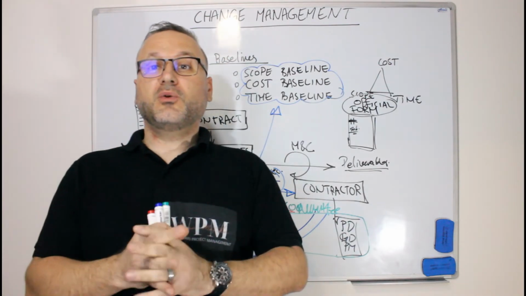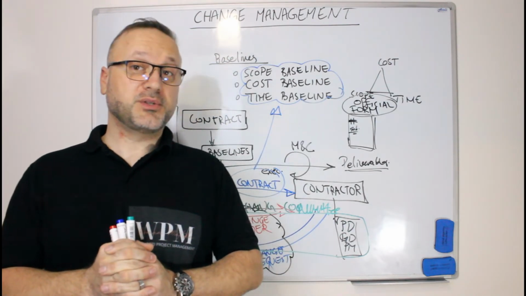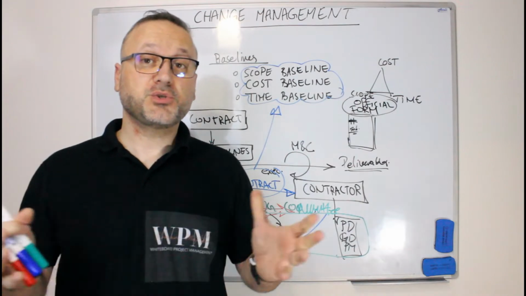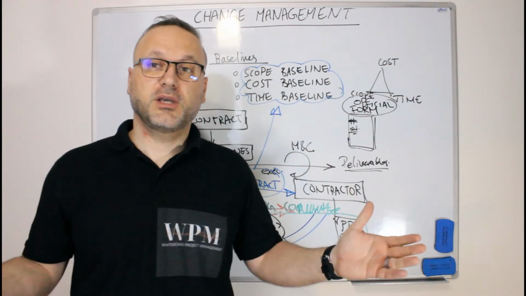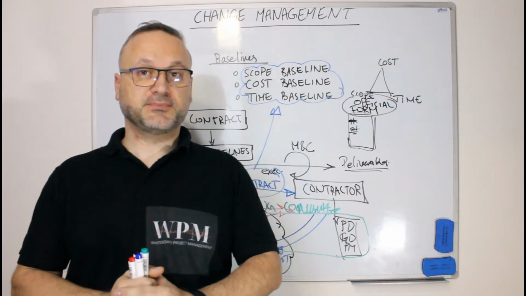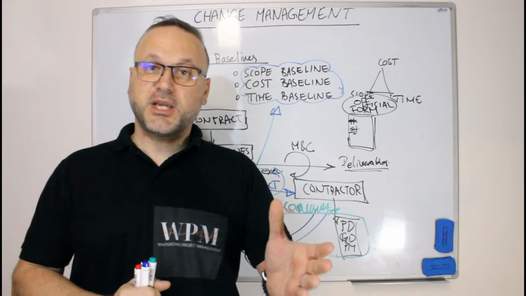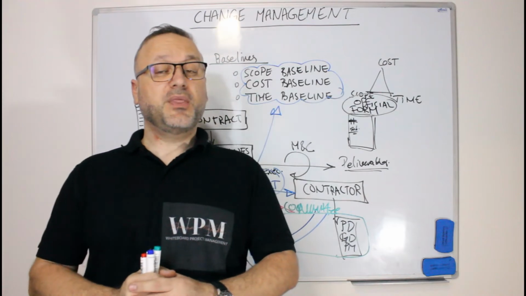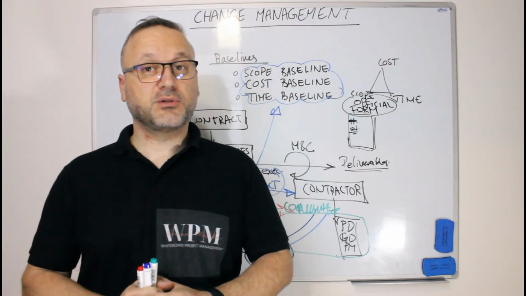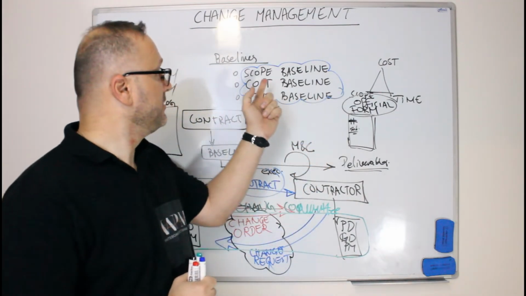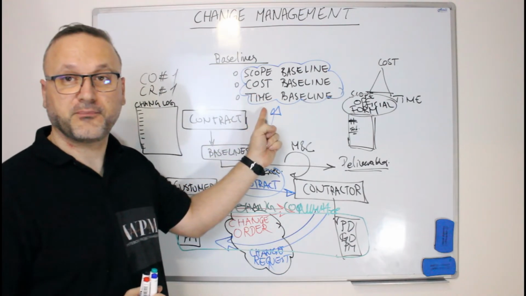Now, what shall we do with the change orders which are approved? Change orders which are rejected, it's rejected, and that's it. Change orders which are approved, you need to check whether the change order has an effect on the scope, the cost, and the time.